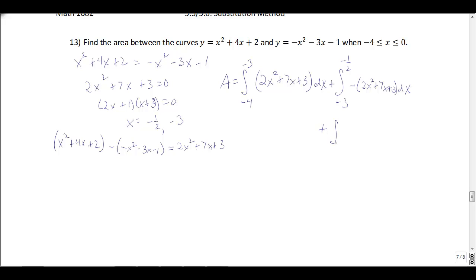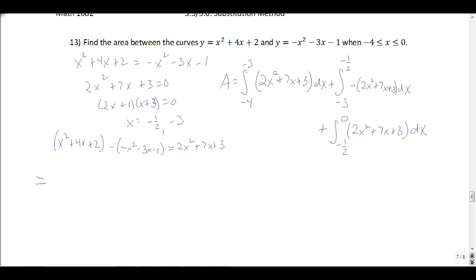And then my third integral, I'm going to have to go from -1/2 up to 0, and I'm back to the 2x squared plus 7x plus 3. So I write a bunch of this down. It looks kind of bad. Going to be kind of annoying, but maybe not as bad as it looks here.